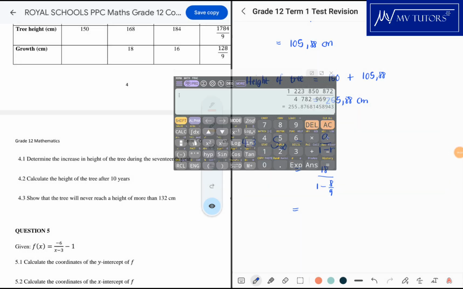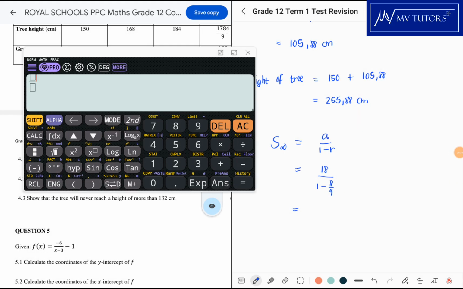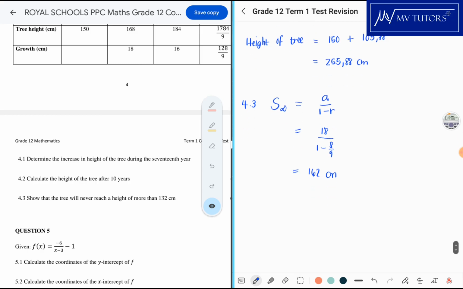Okay, so there we are. We have 18 over 1 minus 8 over 9. And we see that it's 162. Okay, that is the sum of all the growth.